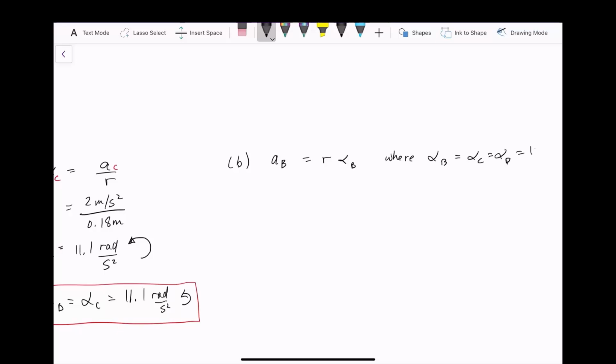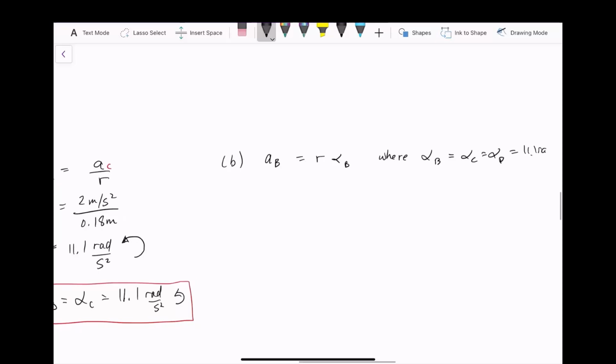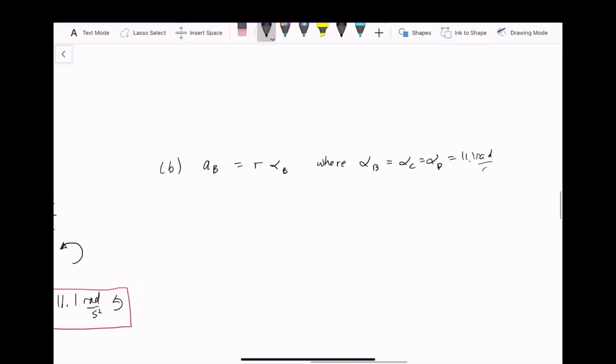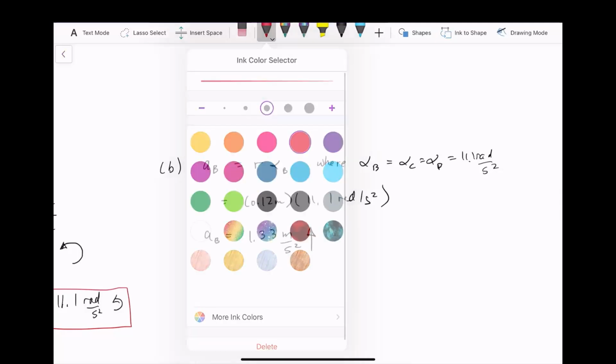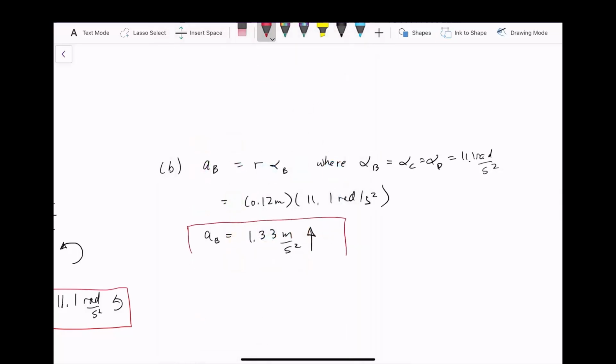They're all the same, 11.1 rads per second squared. So this is equal to 0.12 meters times 11.1 rads per second squared. So AB is equal to 1.33 meters per second squared, and we need to give it a direction. So we said that is upwards. So that's our answer for part B.